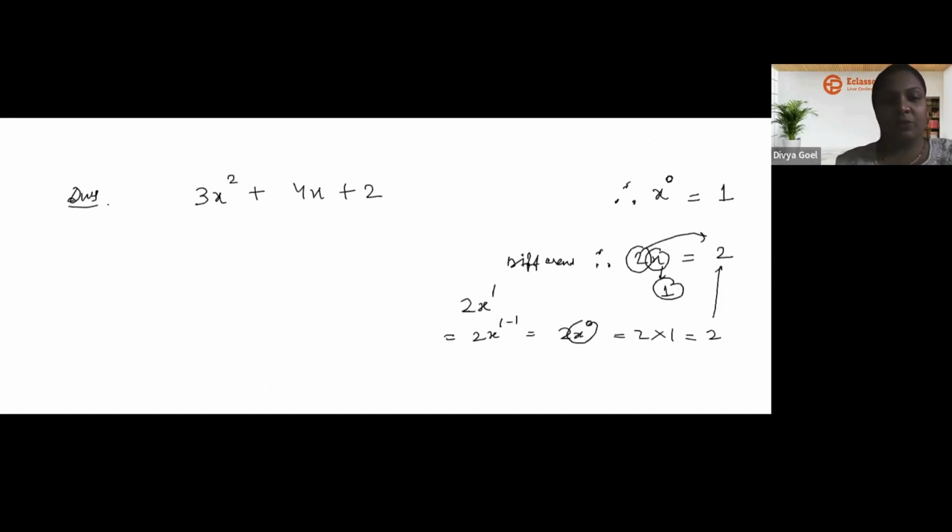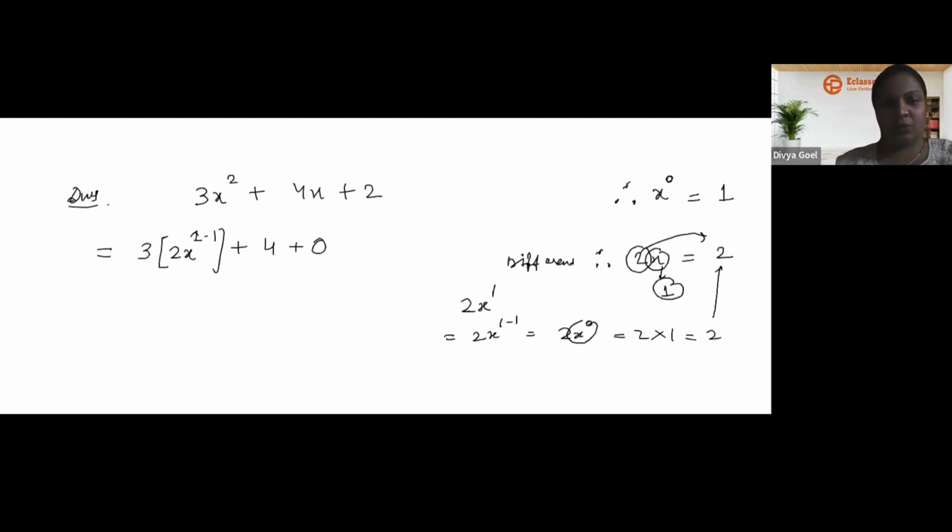So here, 3x square. So keep the 3 separate. x square's differentiation is 2 coming in front, 2 minus 1. Plus 4x. The differentiation of 4x is 4. And 2 is a constant number. Put it as 0.